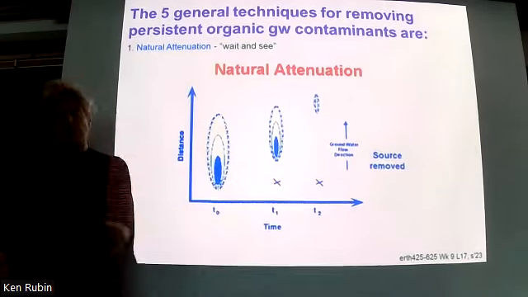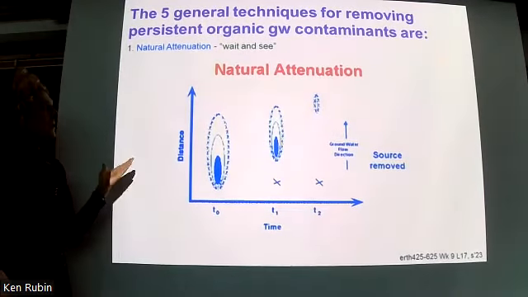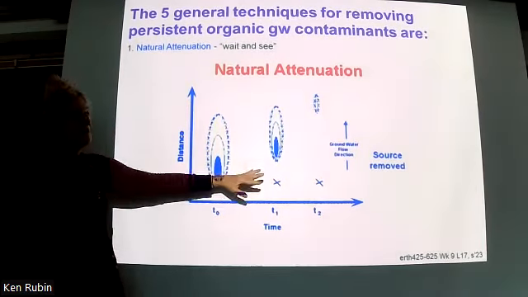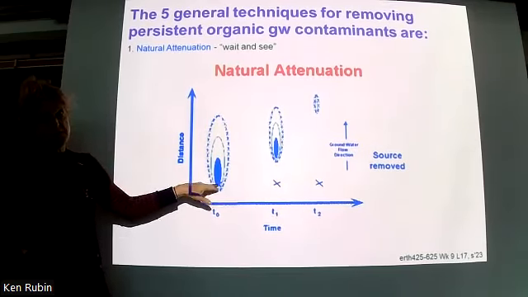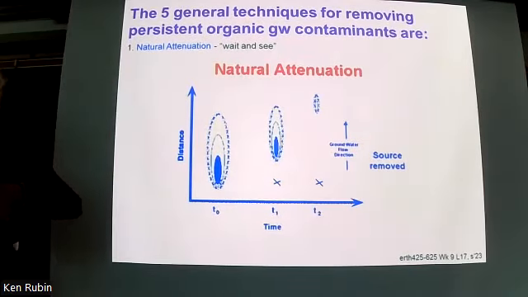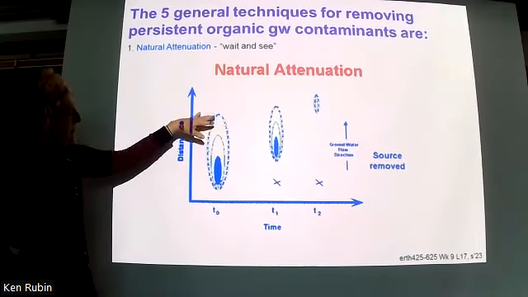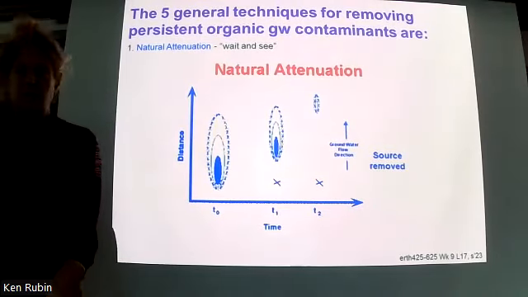And because of dispersion that we talked about last time, the concentration will go down. So sometimes just waiting and watching the plume is all we have to do. But one of the requirements is that we don't have a continuous source. If you've got a leaking source that's continuing over time, it will disperse and it will attenuate, but it's not going to migrate away from the original point of introduction.